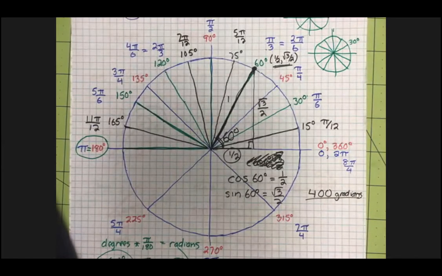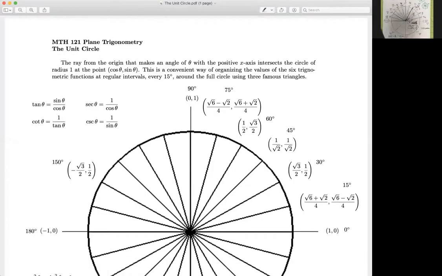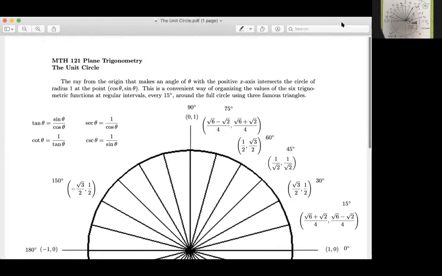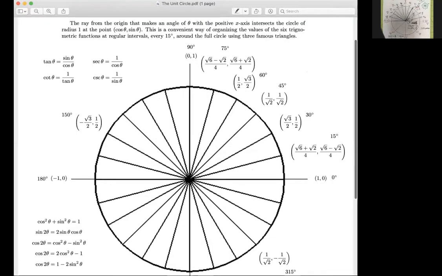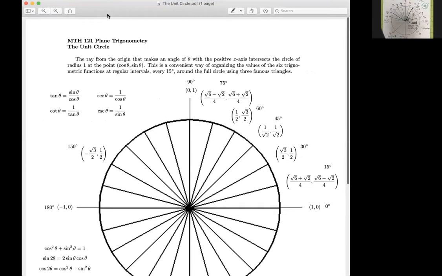And I'm going to pull this up, not on my website because I don't want to deal with that delay here, but I have a handout on the website called the unit circle. If I shared this handout with you right now, just on my computer screen, that is the purpose of this handout called the unit circle.